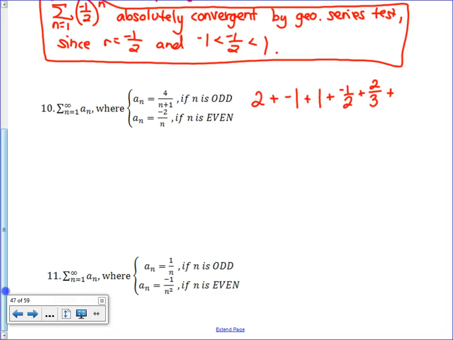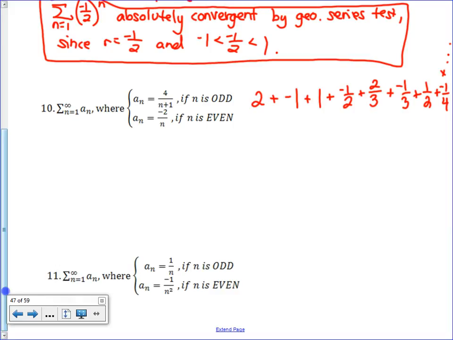So plugging into the bottom one, negative 2 over 6 would be negative 1/3. 7 is odd, so then 4 over 7 plus 1. 8 is even, negative 2 over 8. Now technically, right?